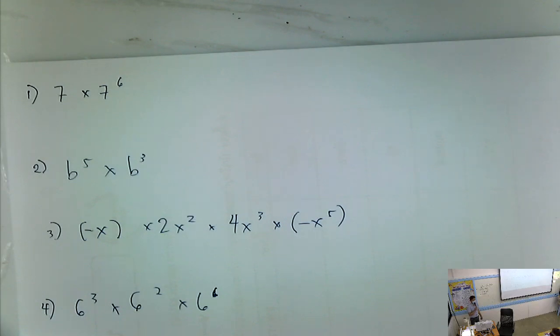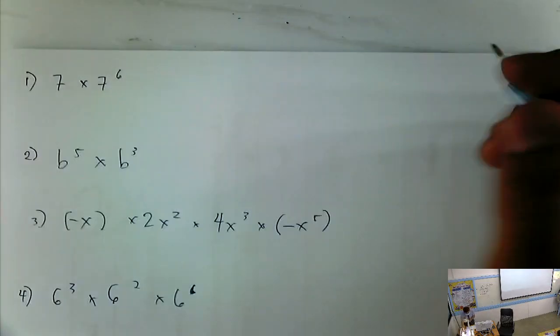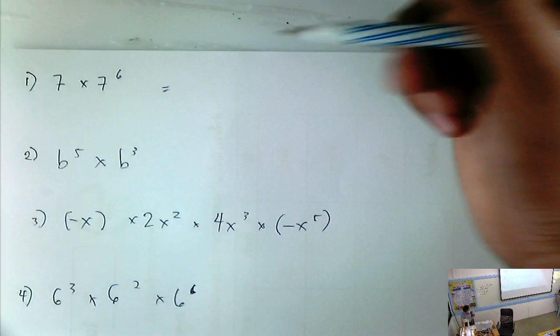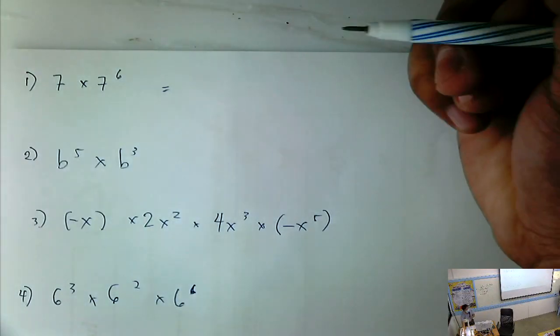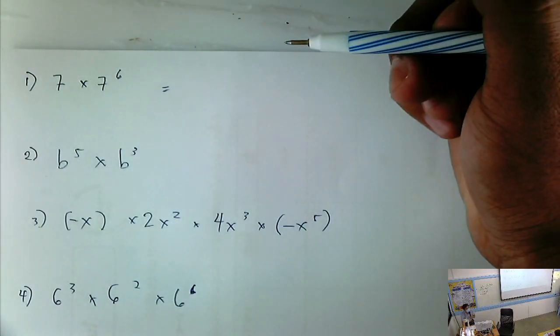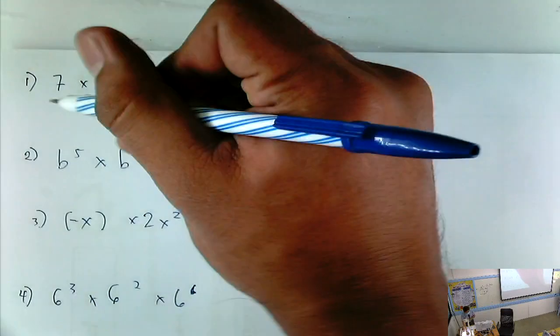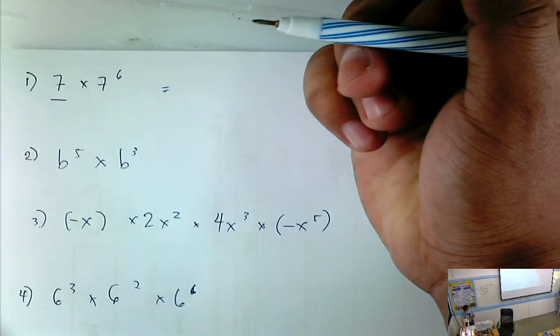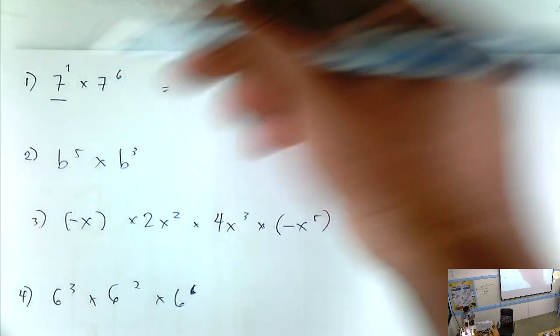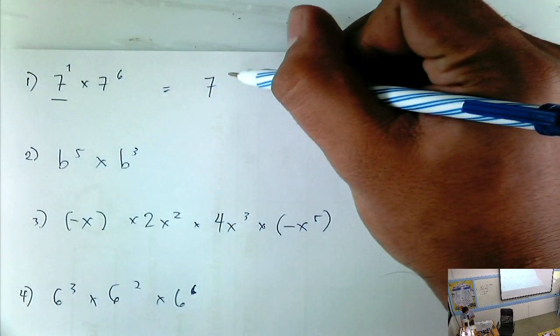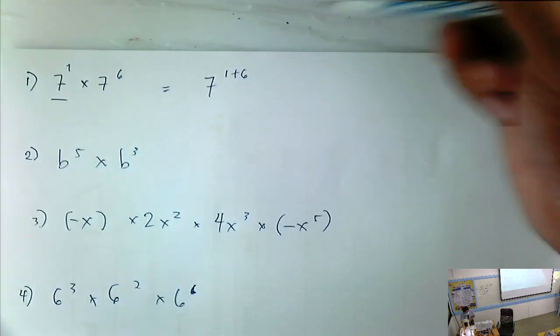Okay, so let us check. Listen now. So we have here 7 times 7 to the power of 6. What is the exponent of the first 7? 1. So this would be 7 to the power of 1 plus 6.